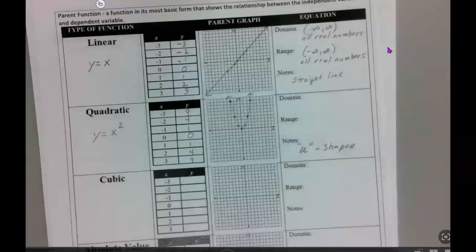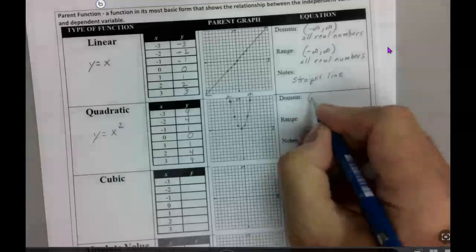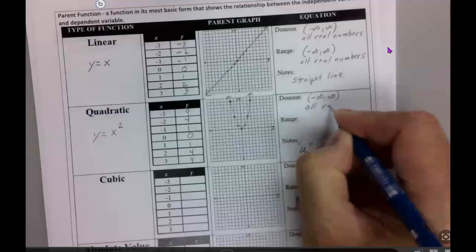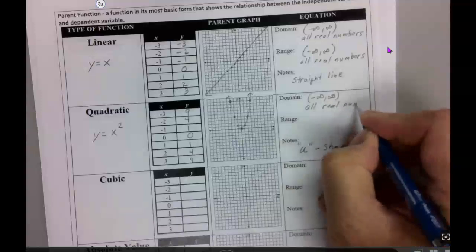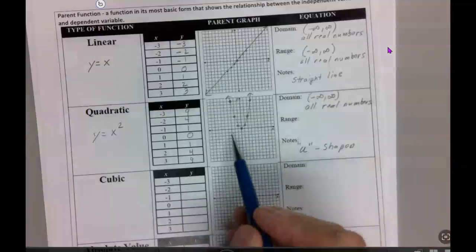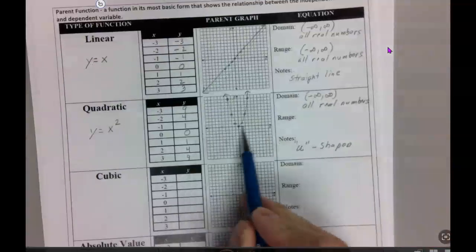Okay, so what's the domain? Is there anything I can't put in for x? No, it's all real numbers. Negative infinity to infinity, all reals. The range is floor. What's the floor?